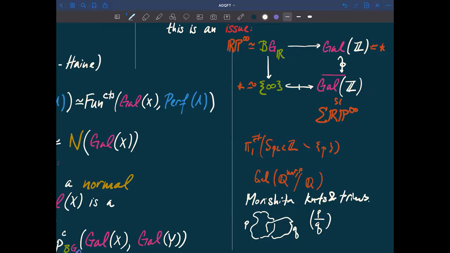This is the double cover of S1, so it's either just one S1 or two S1s, and whether it's one or the other is the linking number, not two. I see. So the lift to the double cover is either two S1s or one S1.